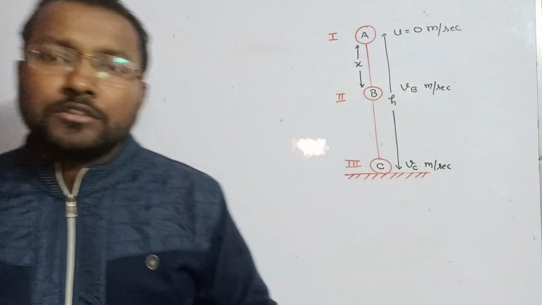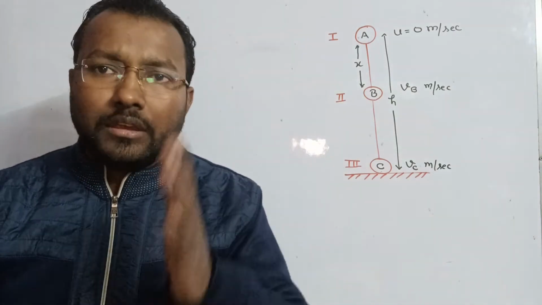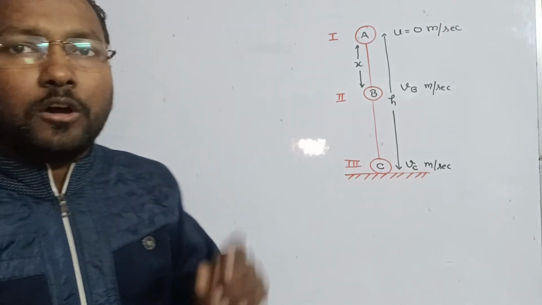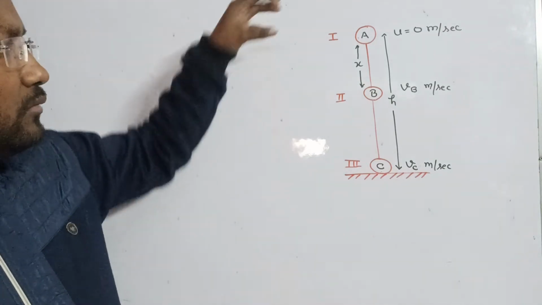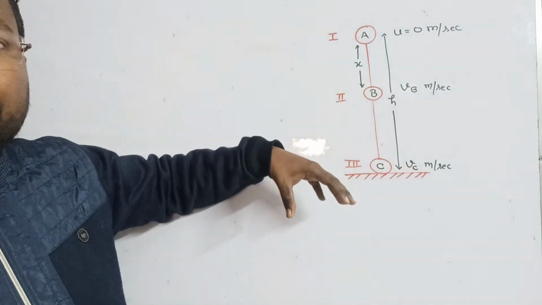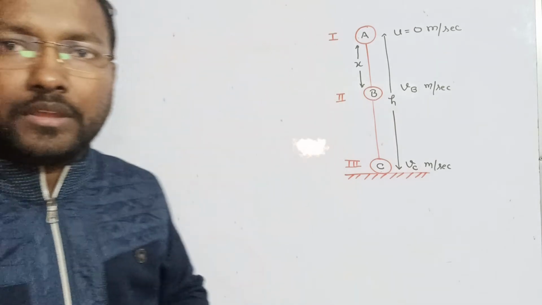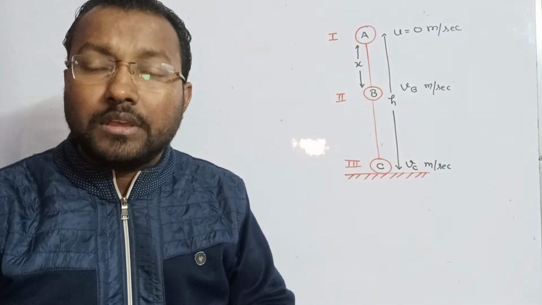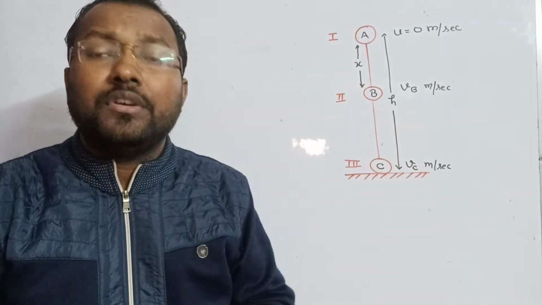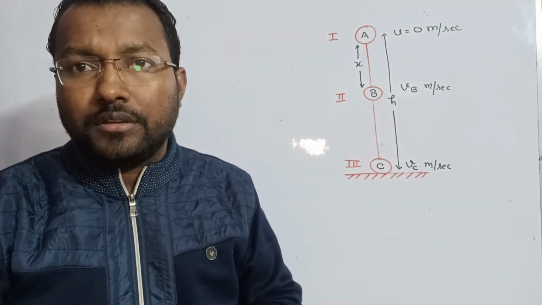So we have taken three different situations of a particular body which is moving downward: the situations A, B and C. There are three special cases. So how are we going to derive the conservation of energy here?